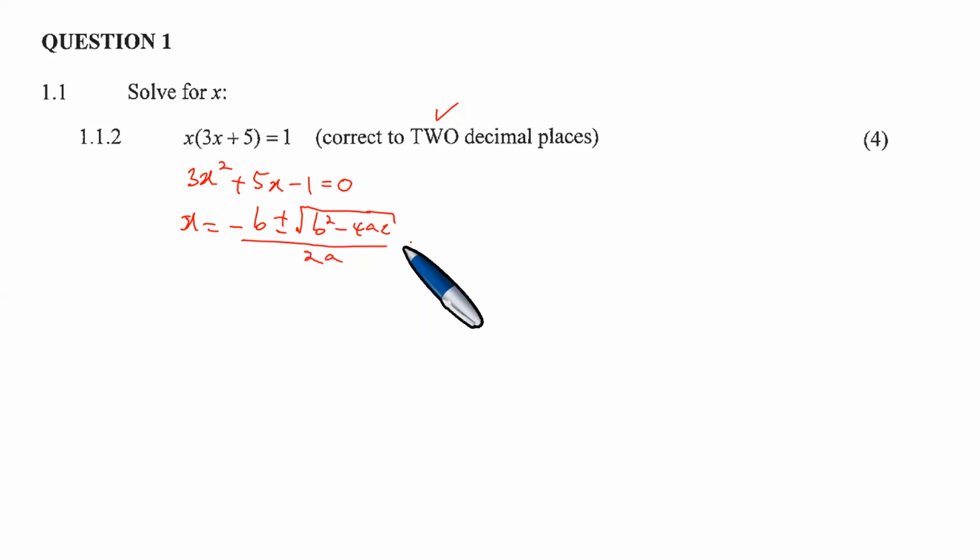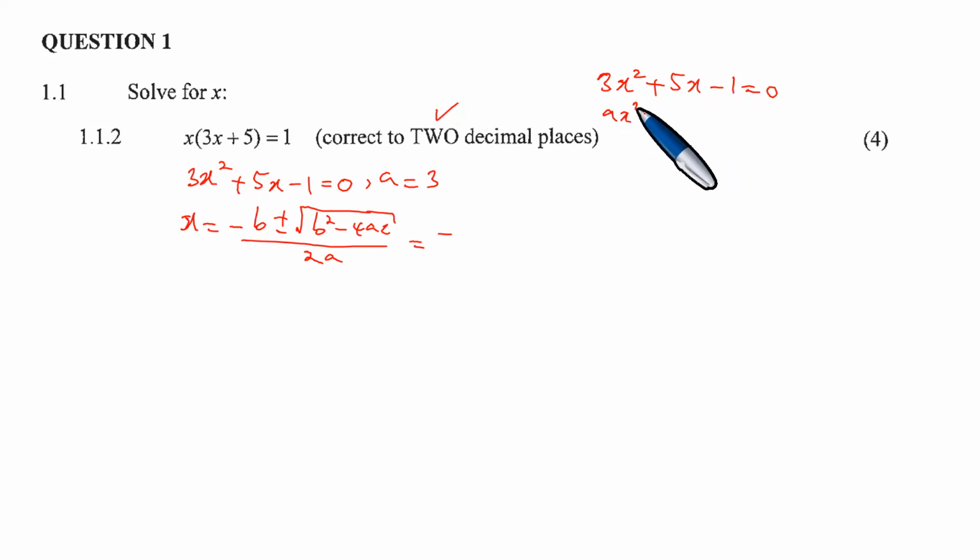all over twice a. Given the quadratic equation, we see that clearly a is 3. So you have 3x squared plus 5x minus 1 equals 0, compared with ax squared plus bx plus c equals 0. So you have a equals 3, b equals 5, and c equals exactly minus 1.